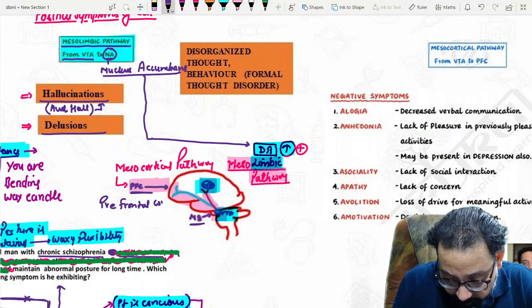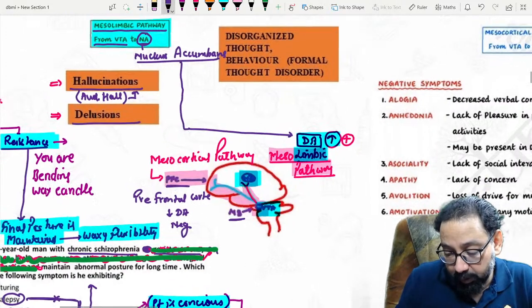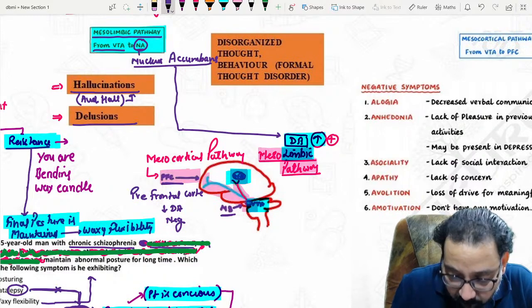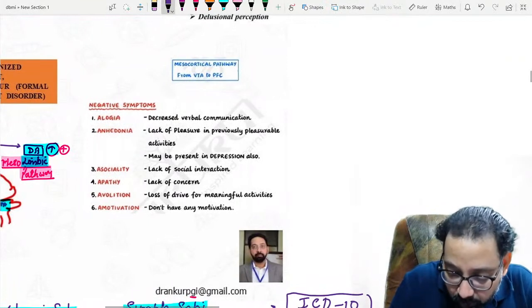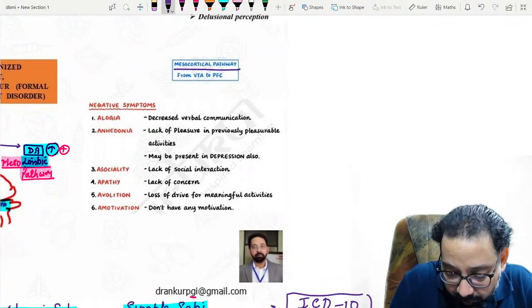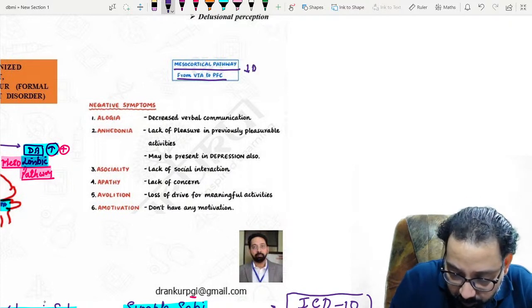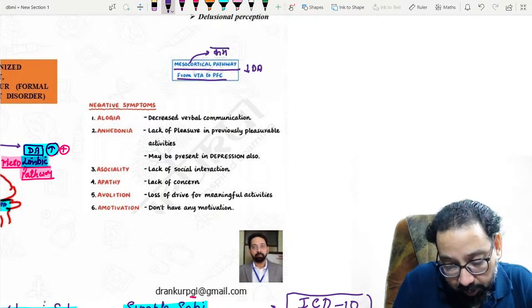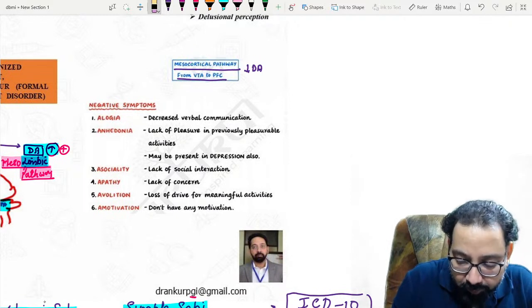Prefrontal cortex, decreased dopamine produces negative symptoms. Decreased dopamine, negative symptoms, in which pathway? Mesocortical pathway, from ventral tegmental area to prefrontal cortex. In this, decreased dopamine: C for cortical, cut means decrease.